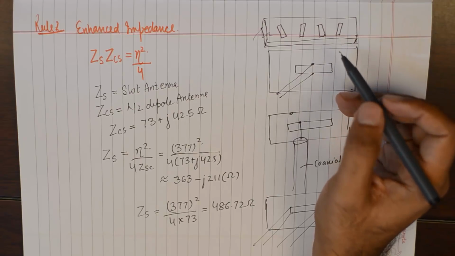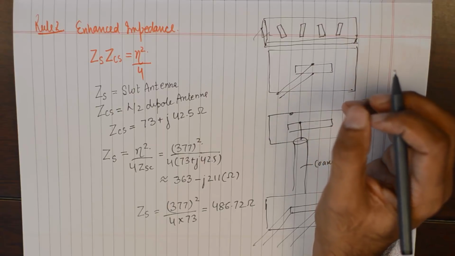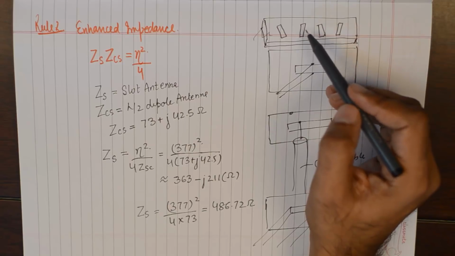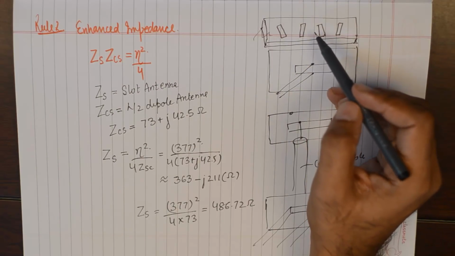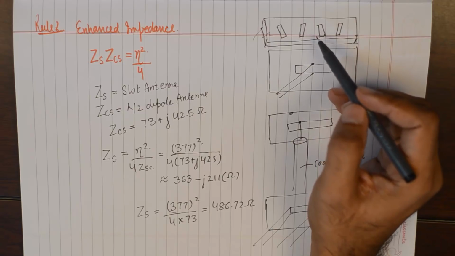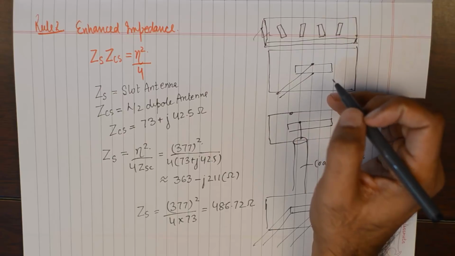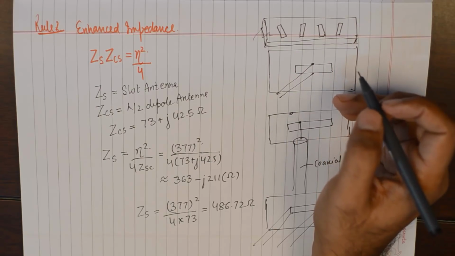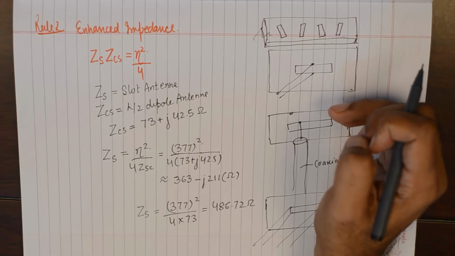But just to give some sparks of idea, it is like having some slots on the surface of the waveguide, and they'll result in a much directional spurts of energy, which is improvement of directivity.